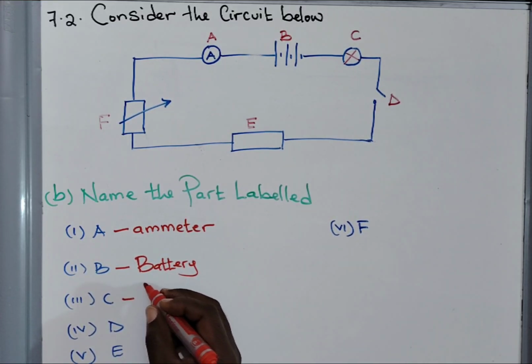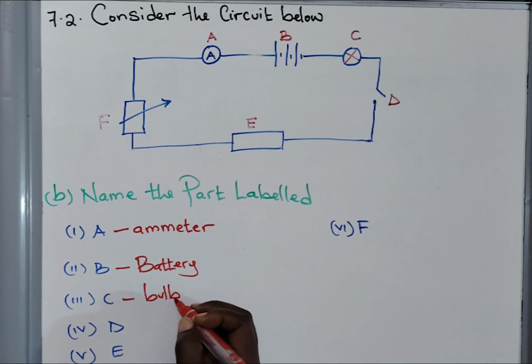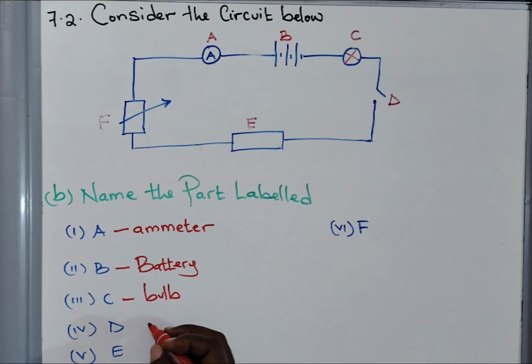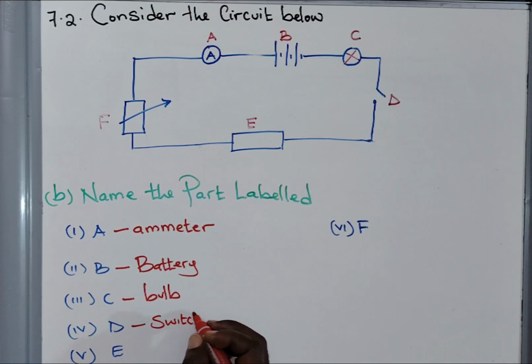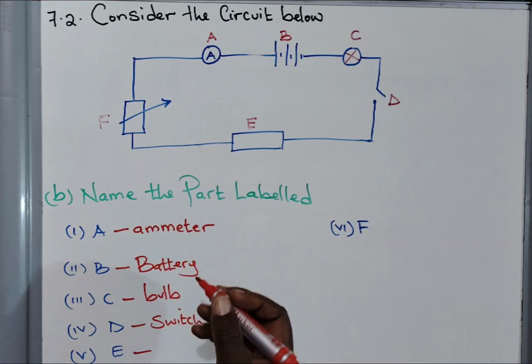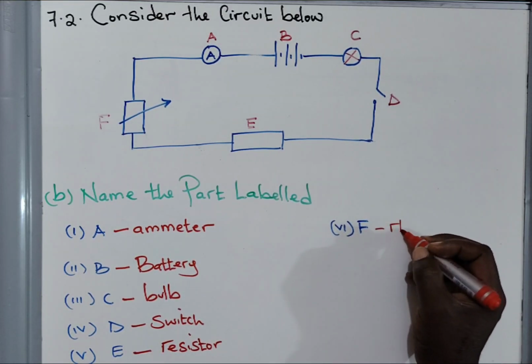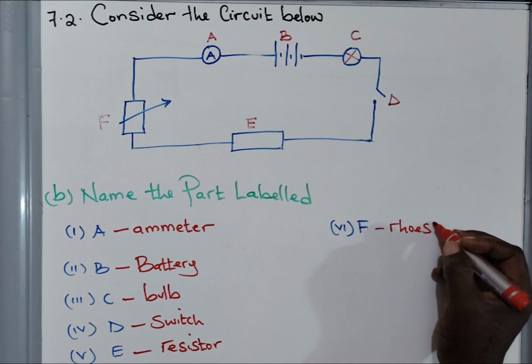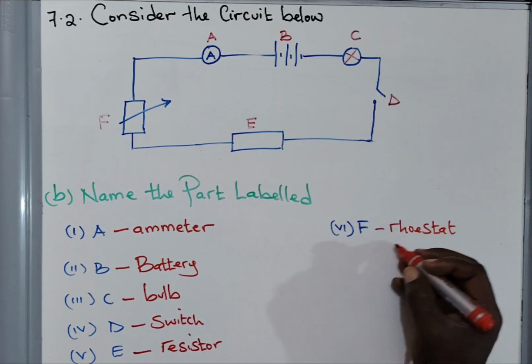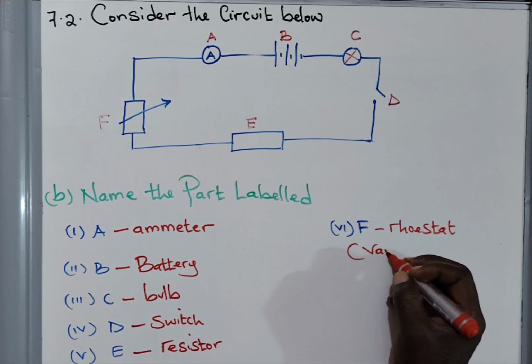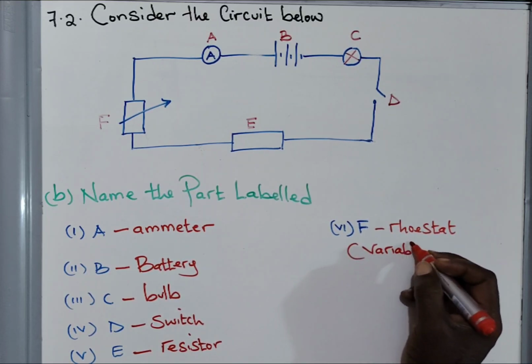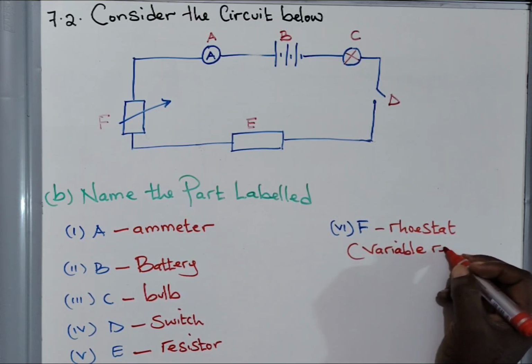What is C? C is bulb. And D is switch. And E is resistor. What is F? F is rheostat or variable resistor, a resistor whose value can be changed.